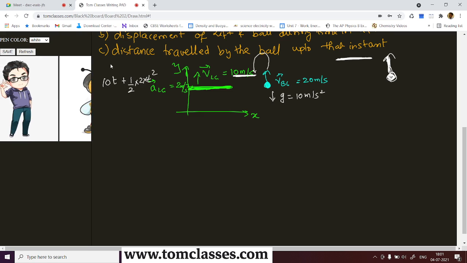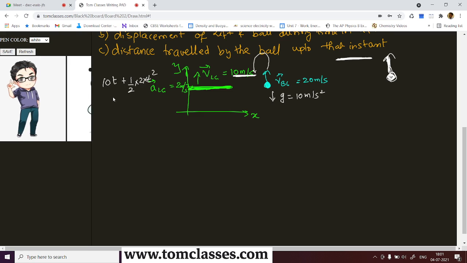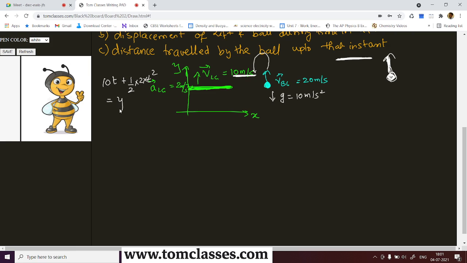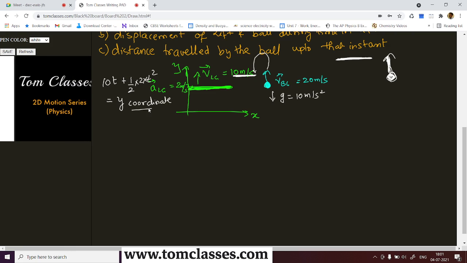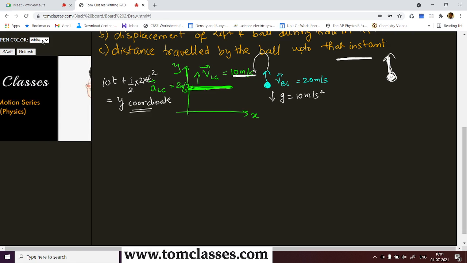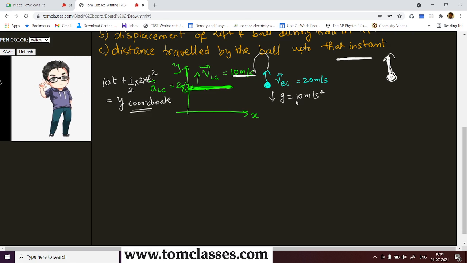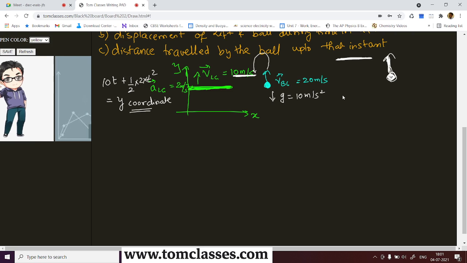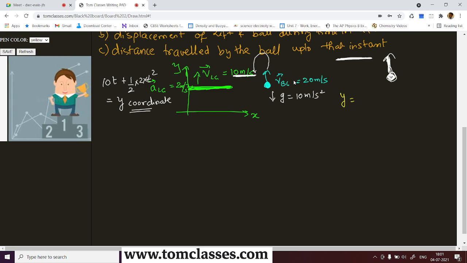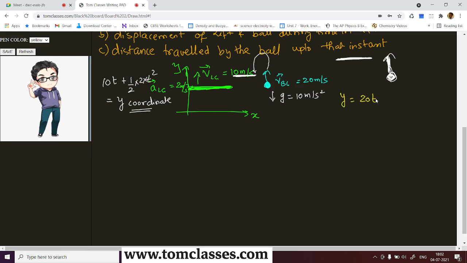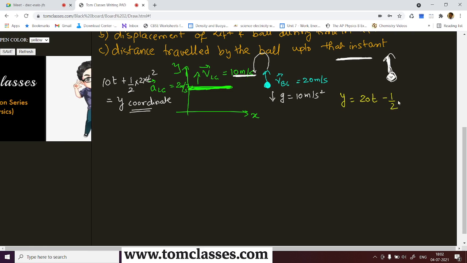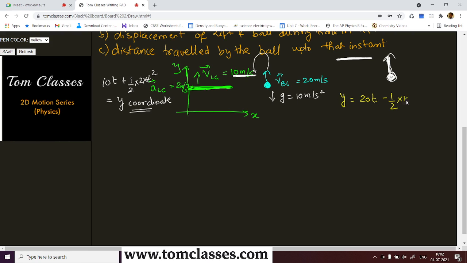half this relative acceleration 2 into t square, that is the distance it will cover. Now this is the y coordinate basically. What y coordinate will you get from the ball side? The y is going to be 20t, time is the same, minus half g t square, so 10 into t square.